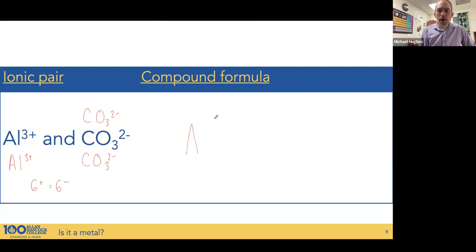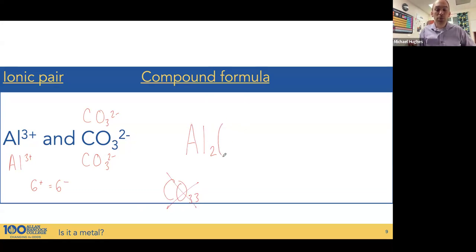And so our formula will be Al2, two aluminums, and then we need 3 of these carbonates. And so we want to make sure that we don't put CO33. That would mean 33 oxygens. That makes no sense. What we want to say is that we want 3 carbonates.